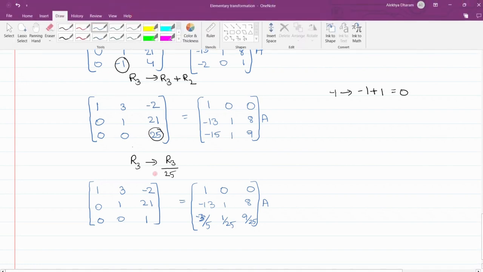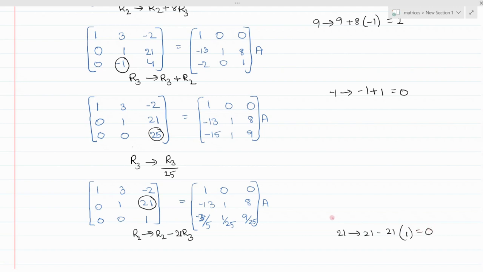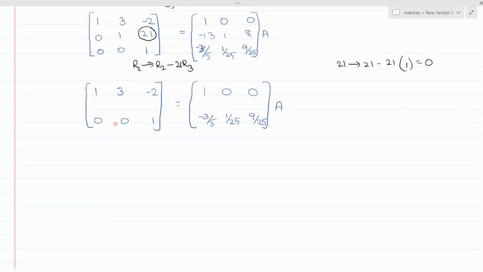Our next step is to convert this 21 element to 0. So how to do this? R2 changes as R2 minus 21 times R3. Because when we do that, 21 changes to 21 minus 21 times R3, that is 1, we'll get 0. Now row 1 and row 3 elements remain as they are. Only row 2 elements change as 0, 1 and 0.